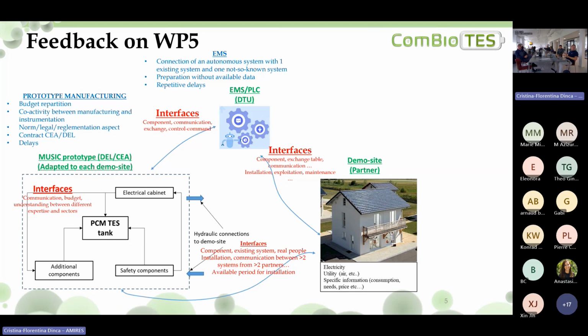Then you have some coactivity between the manufacturing and the instrumentation. It was perhaps the easiest part of the process because we have already done such elements. Then you have a lot of legal and regulation aspects, because basically this is not our expertise.